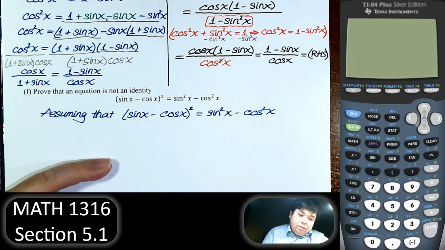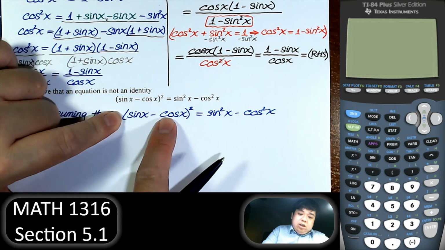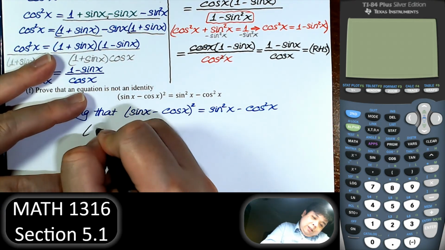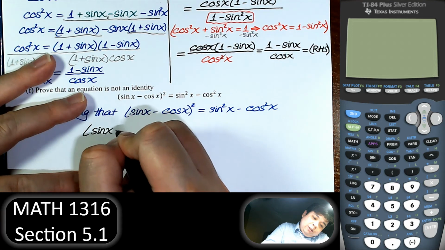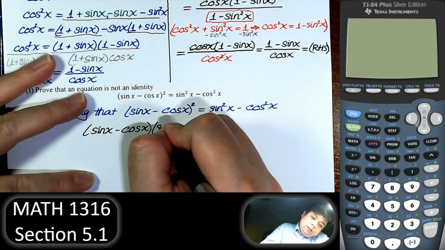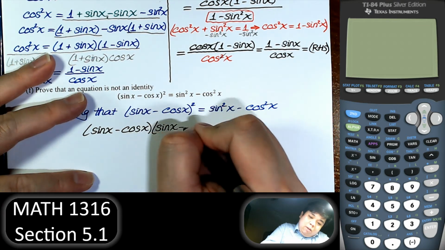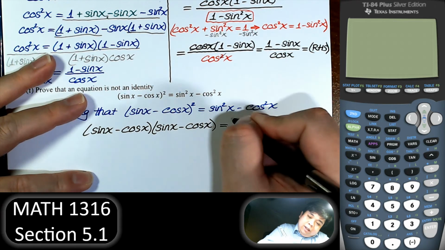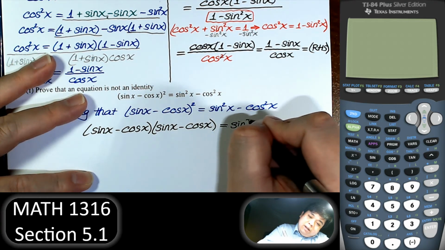Right. If this is true, then the square here we can multiply by itself. The right hand side still stays the same.